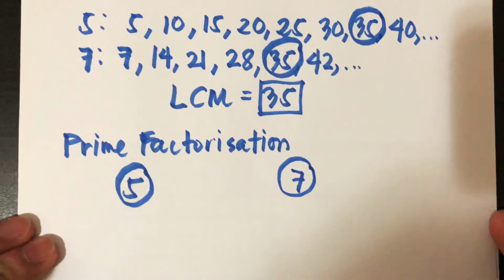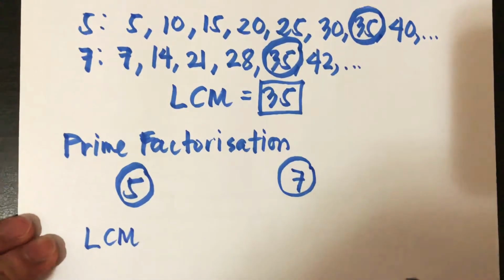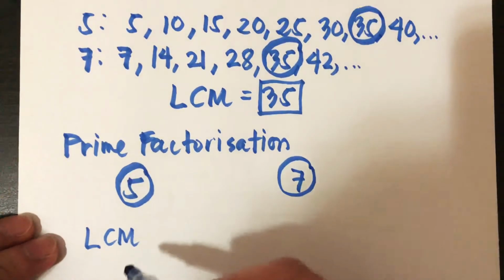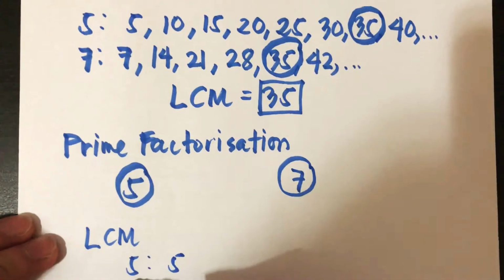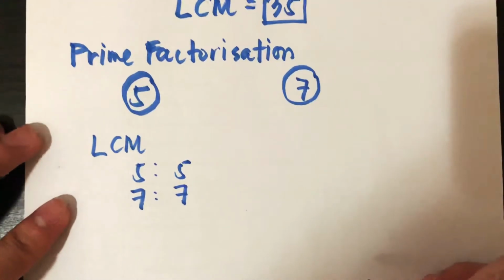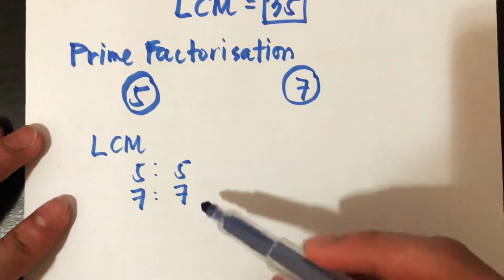So, how to get the LCM? Now, previously in the discussion of GCF, we get the common factors of these numbers, then we multiply and we get the HCF, okay? But for LCM, it will be different, okay? So first, let's start with 5, and you have 5. Then for 7, you have 7, okay? Now what you're going to do is first get the common factors, then multiply with the remaining factors, okay?